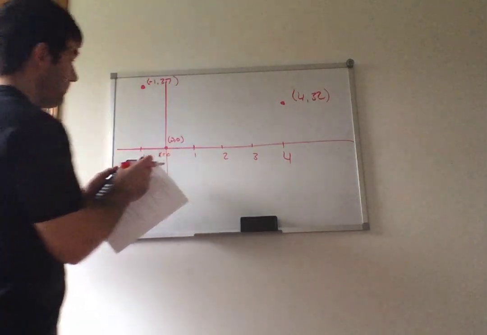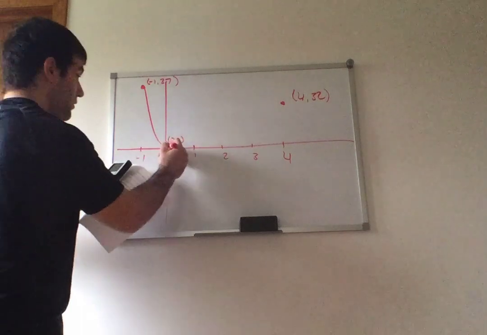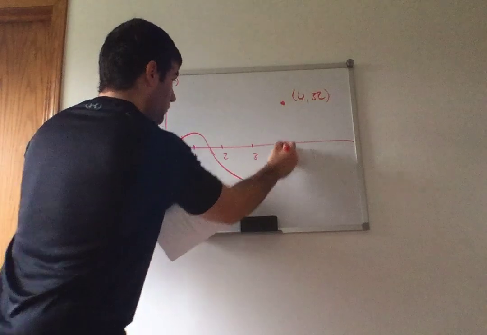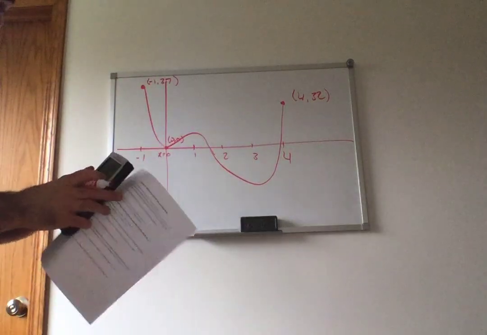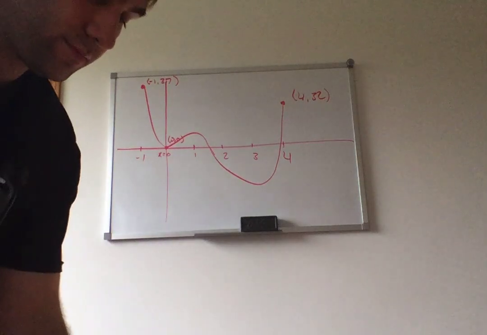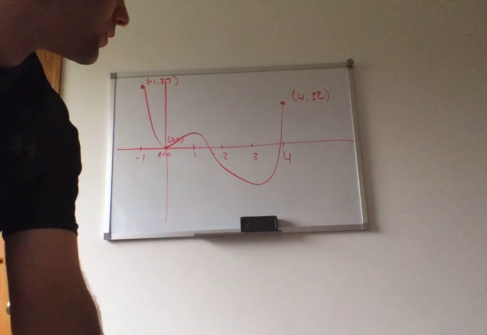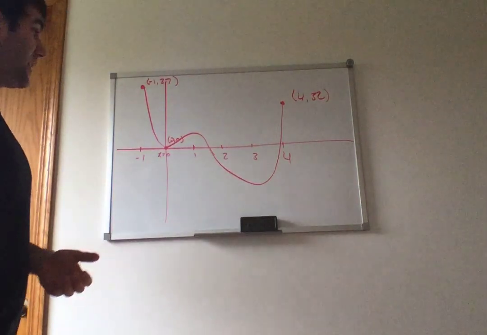Okay, so the graph looks something like this. Goes down like this, hits 0, crosses through here, goes something like that. Alright, so this is roughly what the graph looks like.